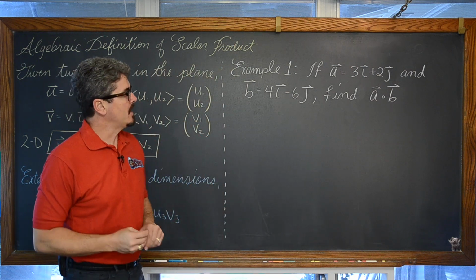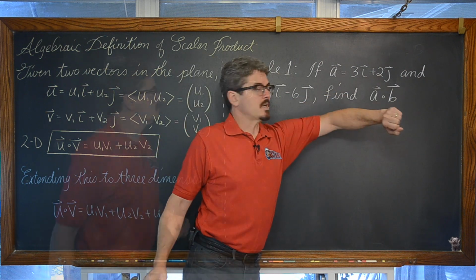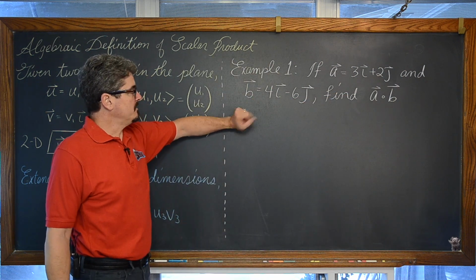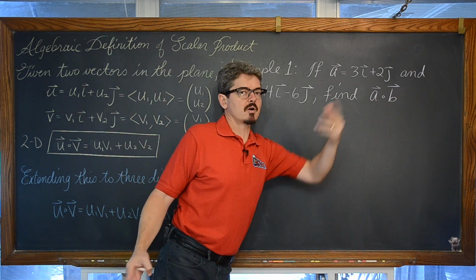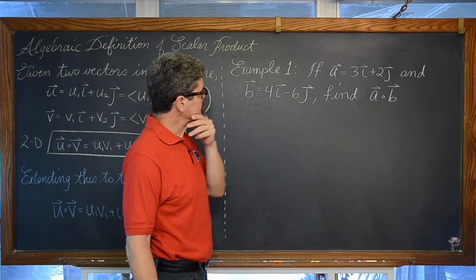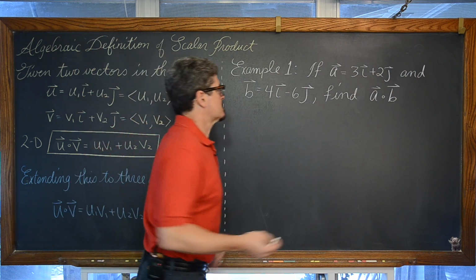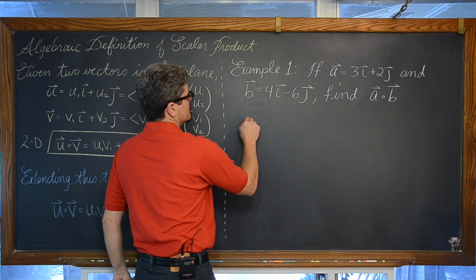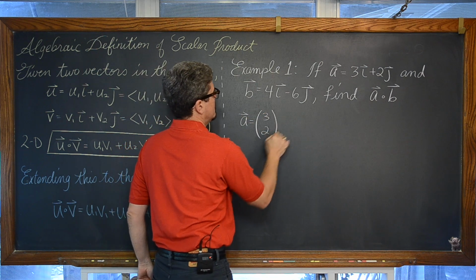Example 1, if vector A is equal to 3i plus 2 times vector j, and vector B is 4 times vector i minus 6 times vector j, we're going to find the dot product between A and B. Just for notation, this isn't really necessary for this particular question, but we can say vector A is equal to 3, 2.